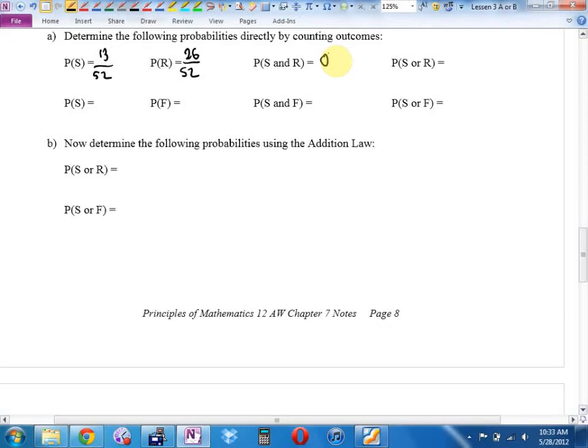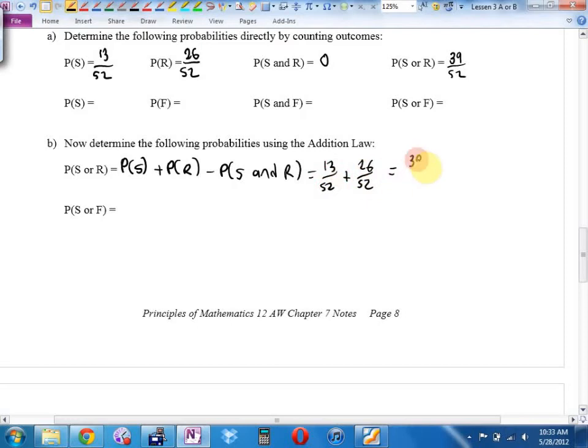It's 39 that I've circled. But can you see I could also have used the formula, that plus that minus the overlap. In fact, this is the same as the probability of S plus the probability of R minus the probability of S and R, which is 13 out of 52 plus 26 out of 52 equals 39 out of 52.